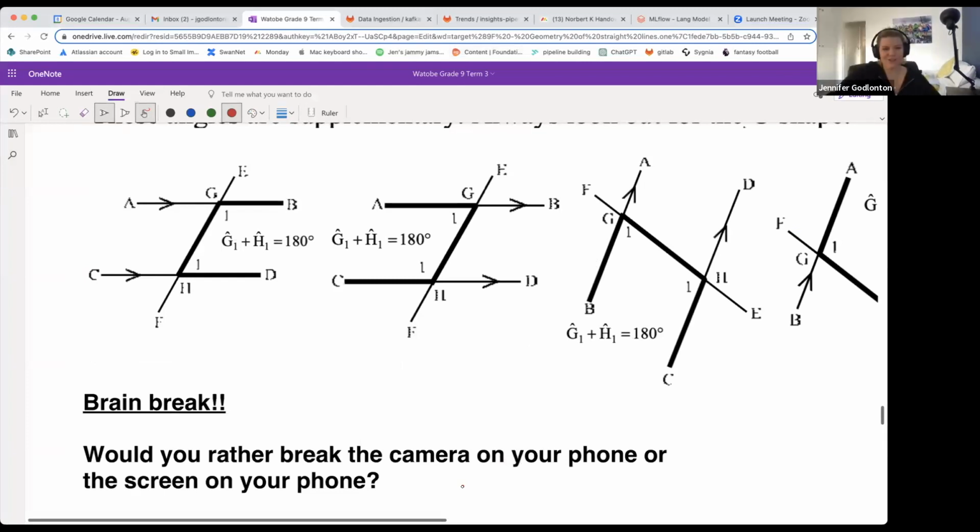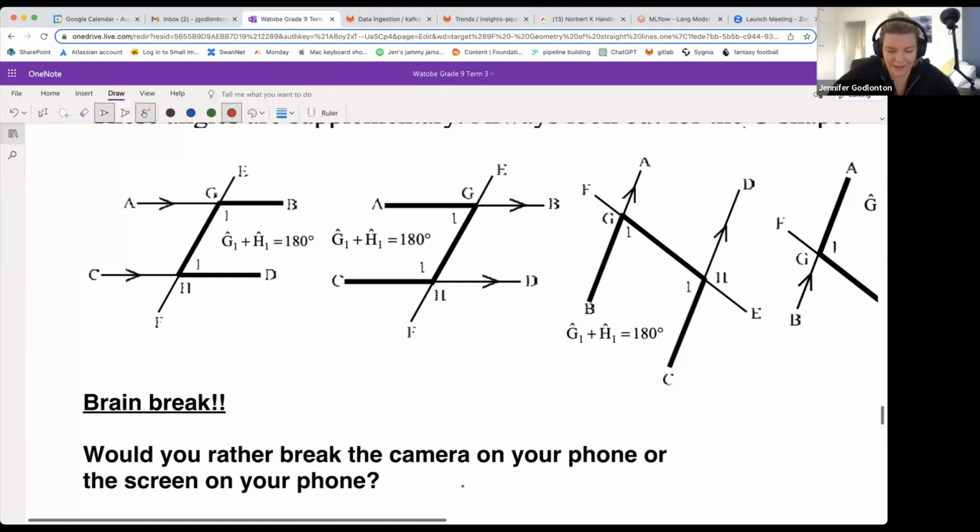Okay, so we've got our first one. Would you rather break the camera on your phone or the screen on your phone? What would you rather do? Let's see. All right, Congelo, can you tell me, what would you rather do? Ma'am, I'd rather break the camera.